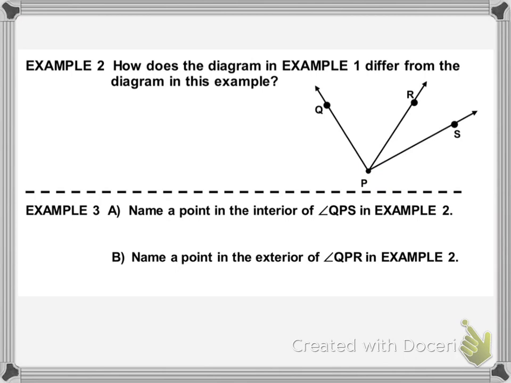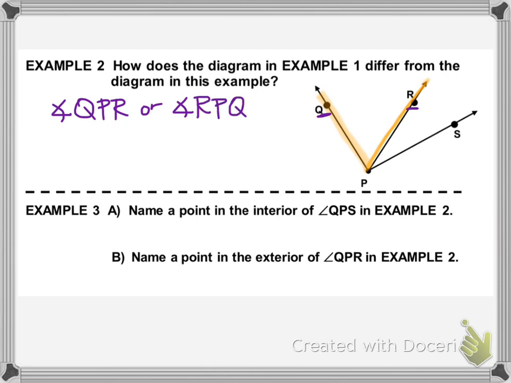So let's name this angle first. There are 2 ways we can name it as long as P is in the center. We can use the Q and the R on either side of P. So we could name that angle QPR, or angle RPQ.